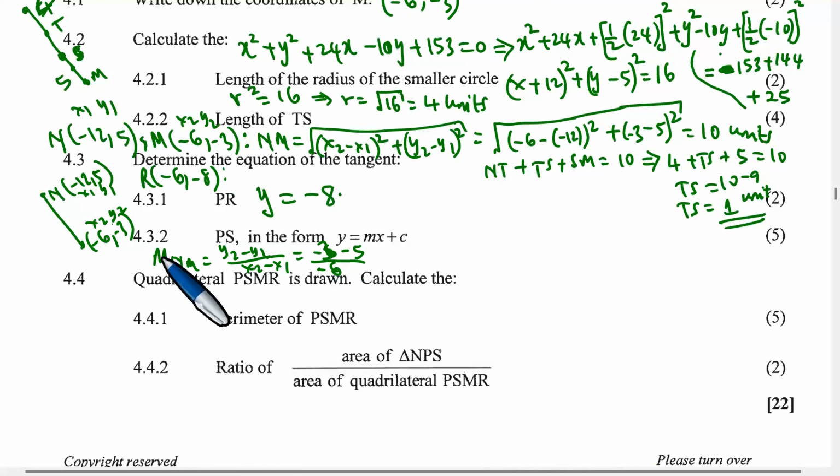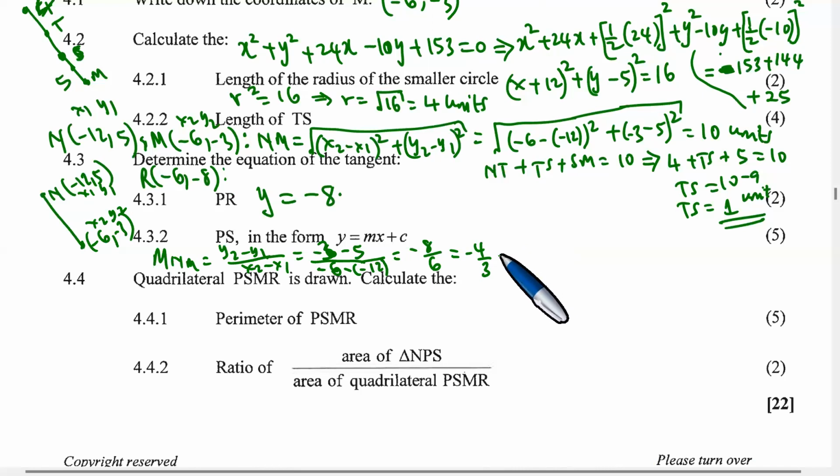What is x1? It is minus 12. So this is minus 8 over 6, which becomes minus 4 over 3.